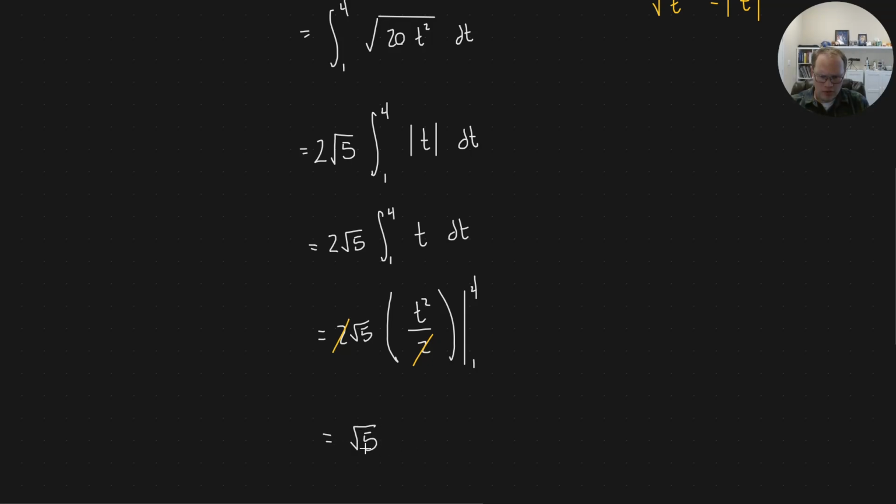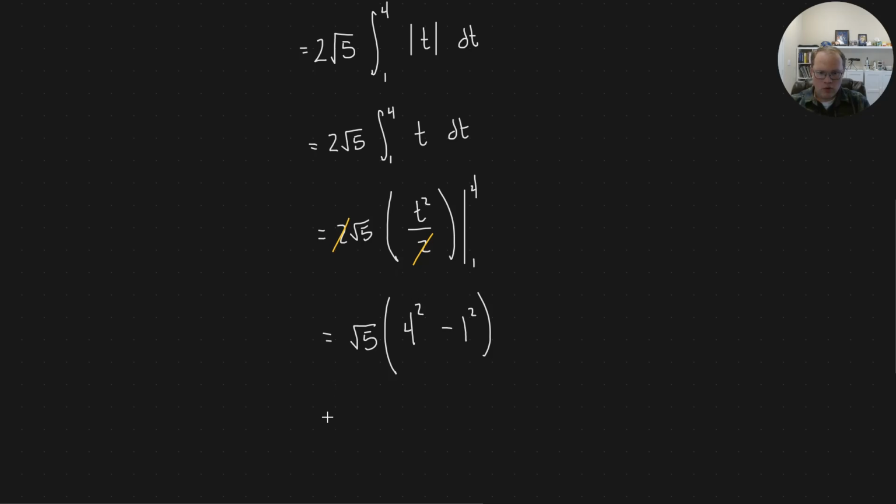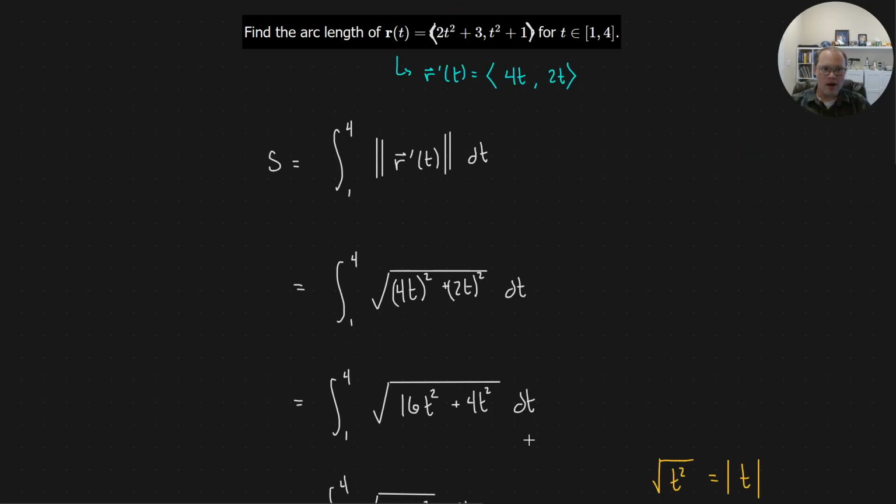And so I get root 5 on the outside, and on the inside I get 4 squared minus 1 squared, just plugging in 4 and 1 into the t squared and subtracting. 4 squared is 16, 1 squared is 1. 16 minus 1 is 15. My final answer is 15 root 5. That is the length of this curve from t equals 1 to t equals 4.